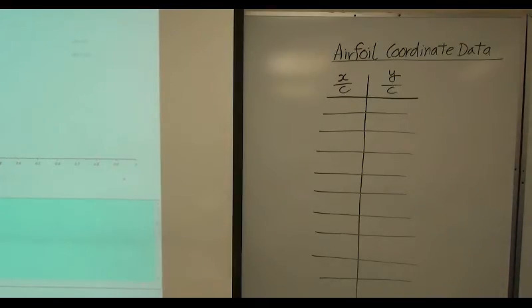This is a NACA 0012, so the airfoil coordinate data probably looks like this. X over C equal to 0 means leading edge. X over C equal to 1 is the trailing edge.